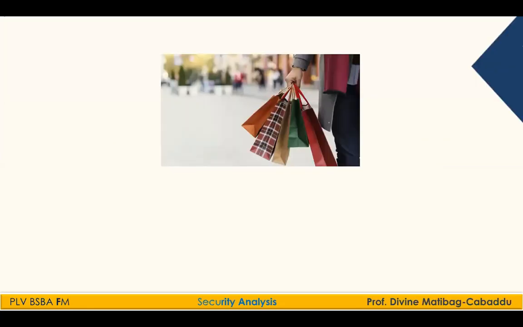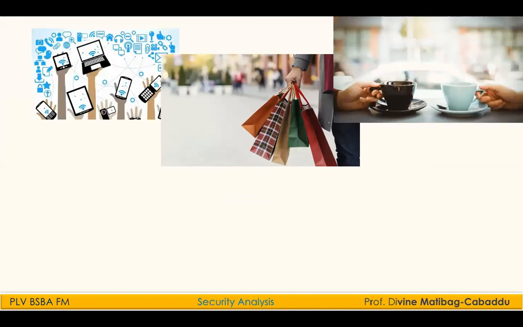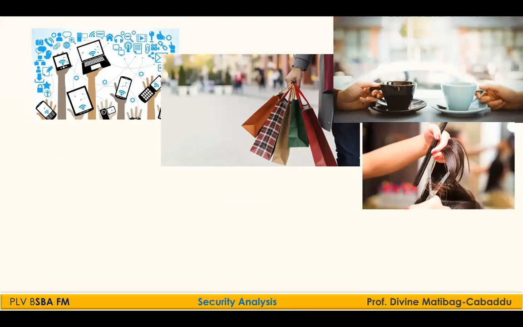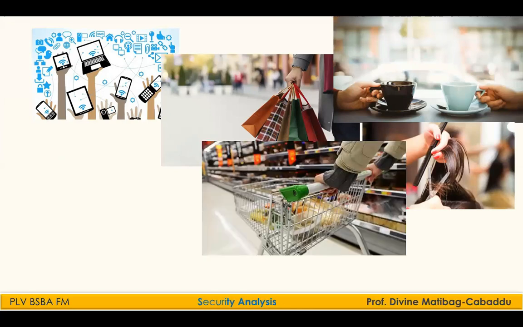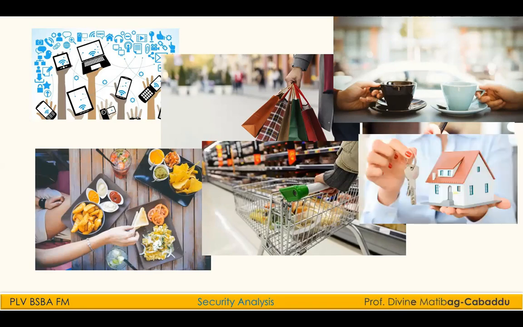So let us put it this way. GDP includes all the money that you spend for your shopping, like when you buy shoes or bags, when you drink coffee at Starbucks, when you buy gadgets, laptops, cell phones, when you pay for a haircut in a salon, when you buy groceries or eat in a restaurant or buy a house.